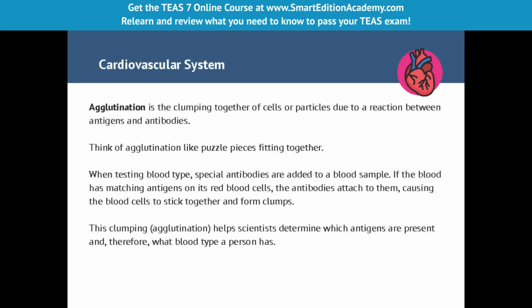When testing blood types, special antibodies are added to a blood sample. If the blood has matching antigens on its red blood cells, the antibodies will attach to them, causing the blood cells to stick together and form clumps. This clumping helps scientists determine which antigens are present and therefore what kind of blood type a person has.